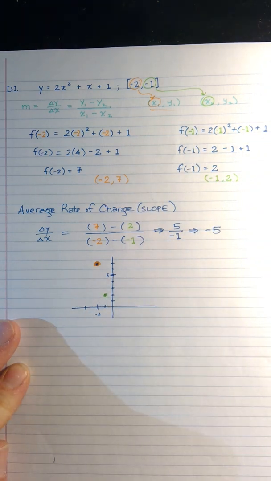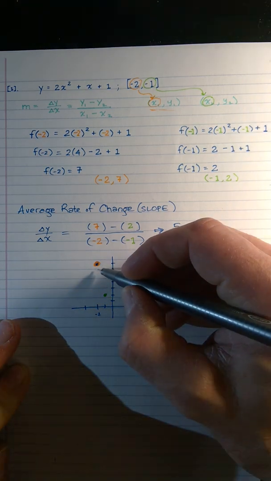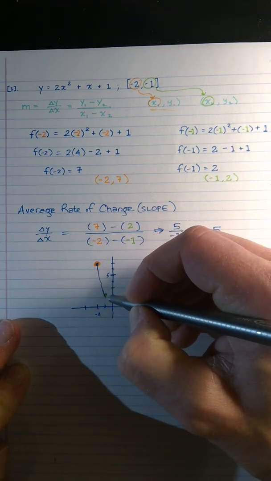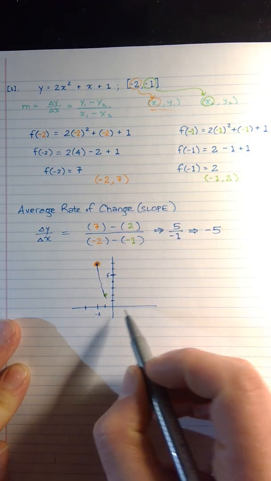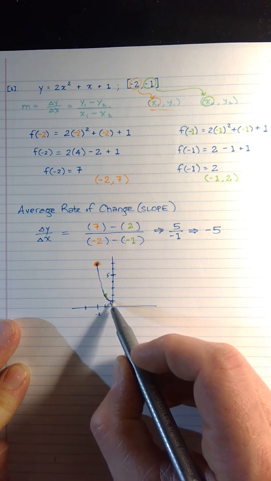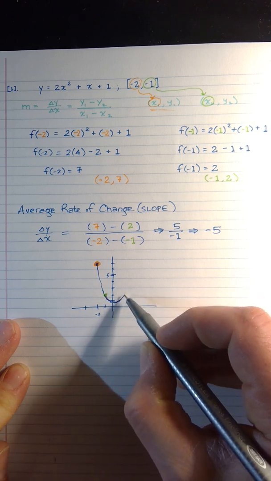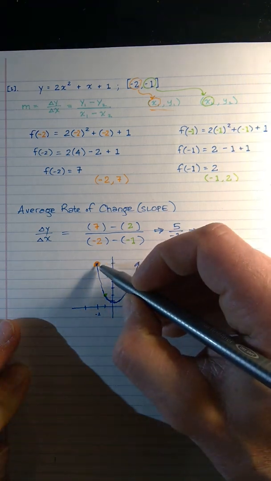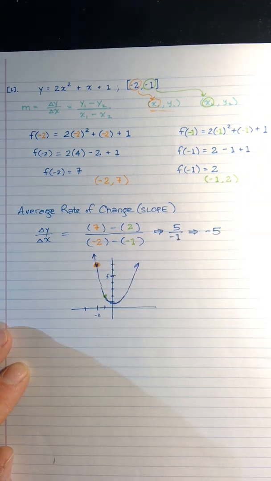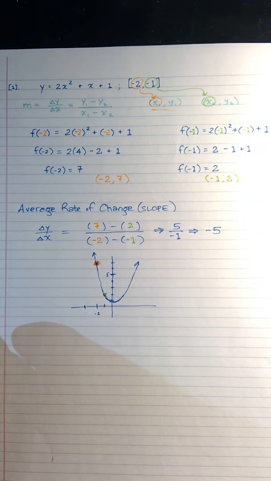And remember, this is a parabola, right? So this thing kind of comes down like this, and then of course it turns somewhere. You guys don't really know exactly where. You could figure it out, but we're not really interested in that right now. We're just finding this average rate of change.